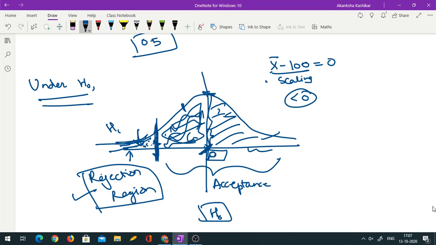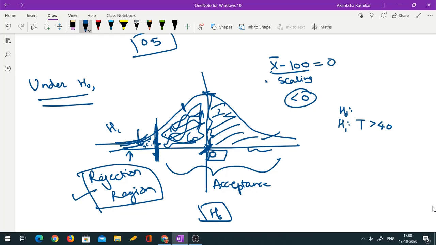Now the location of the rejection region depends on the hypothesis. So here, because I wanted x bar to be less than 100 to get rejection, the rejection region is to the left. On the other hand, suppose you are interested in claiming that the average temperature in Pune for the month of May over the past years has always been greater than 40.